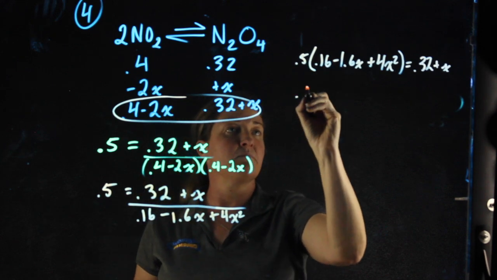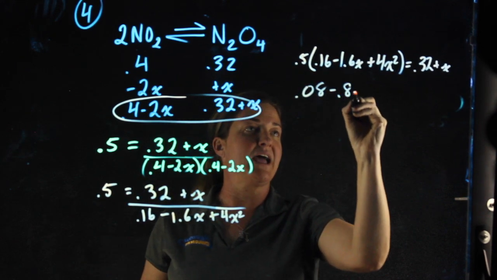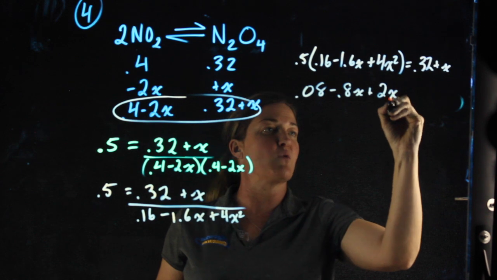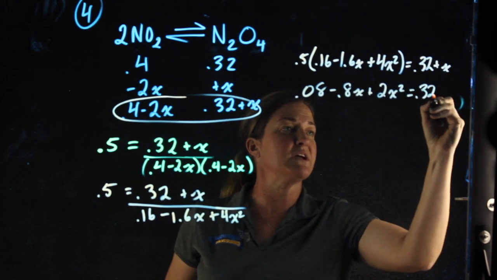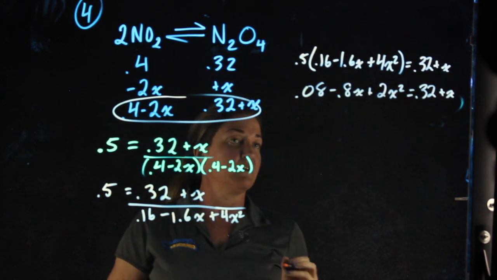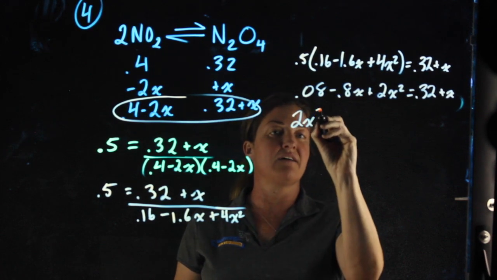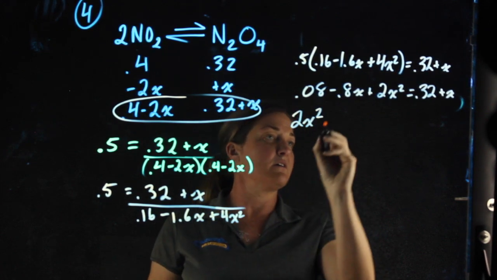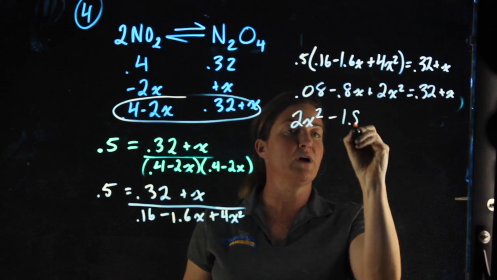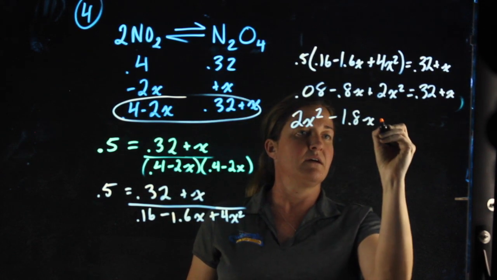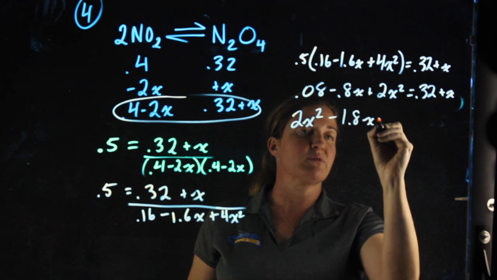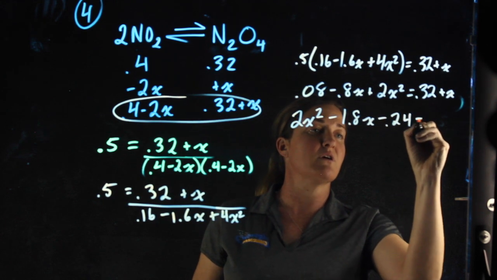Distributing the 0.5, 0.08 minus 0.8x plus 2x squared equals 0.32 plus x. I'm going to collect like terms on one side of the equation. I have 2x squared minus 1.8x, 0.08 minus 0.32, negative 0.24 equals 0.